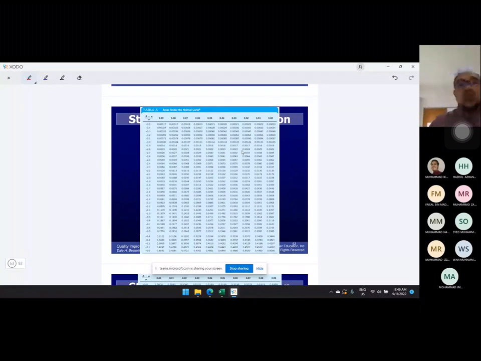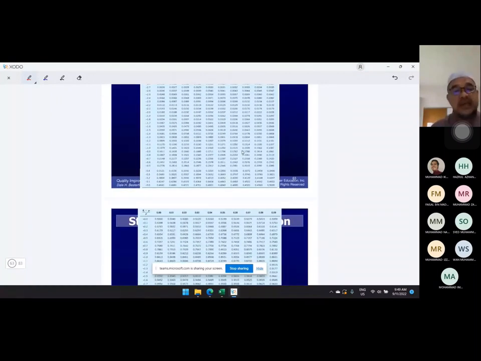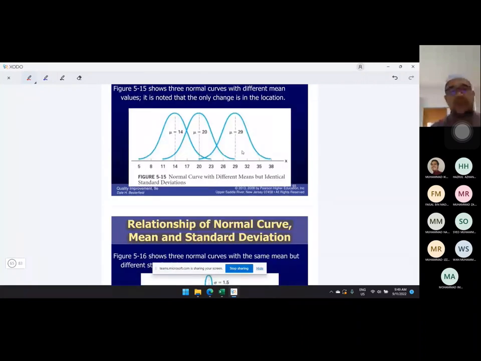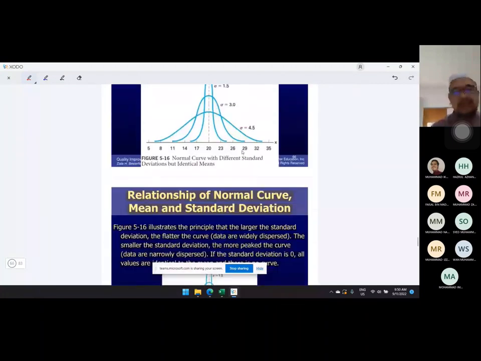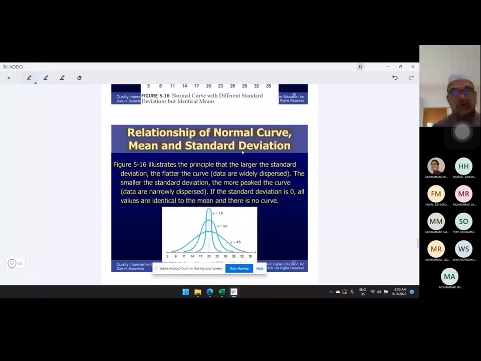I warn you that we don't have to give you both of these, for minus Z and for positive Z, because they are symmetric. So this talks about the difference between central tendency and deviation or dispersion. We discussed this in class already.